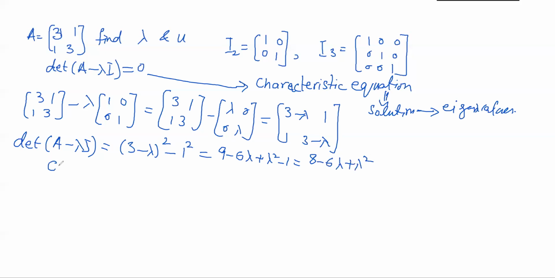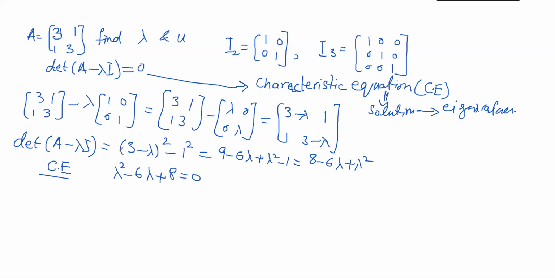So the characteristic equation, CE, will be lambda squared minus 6 lambda plus 8 is equal to 0. This is the characteristic equation.